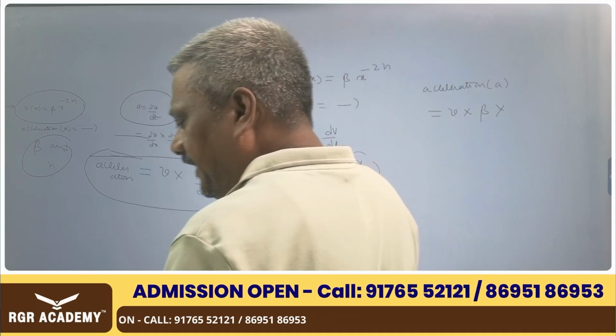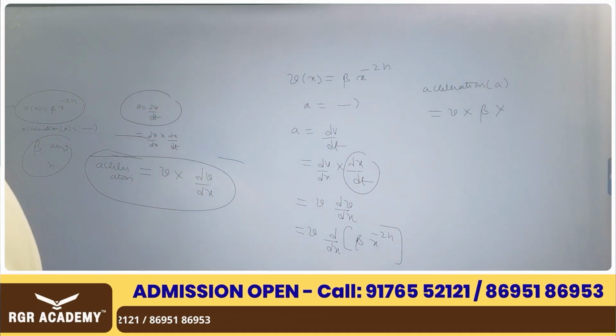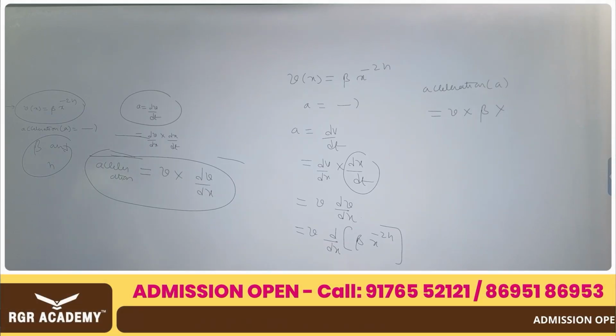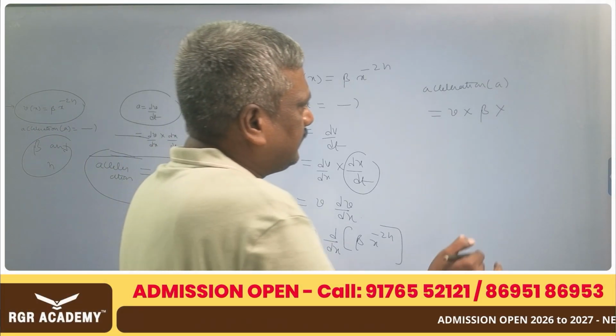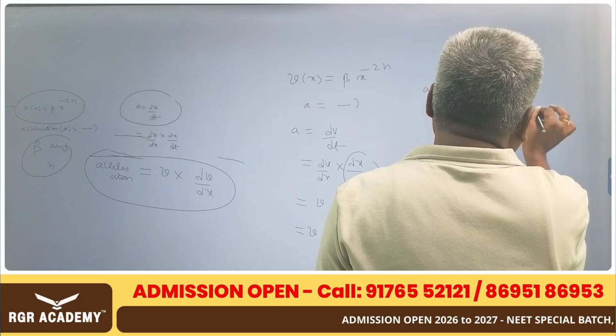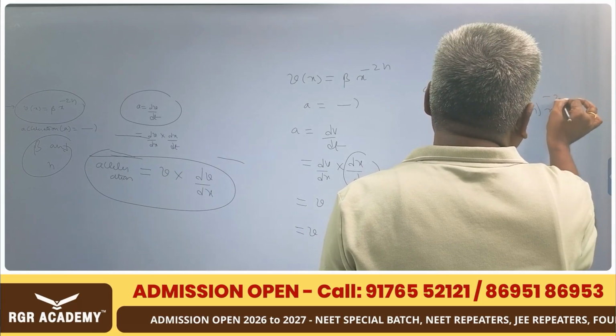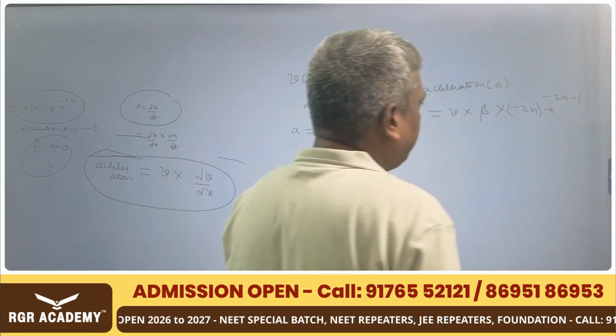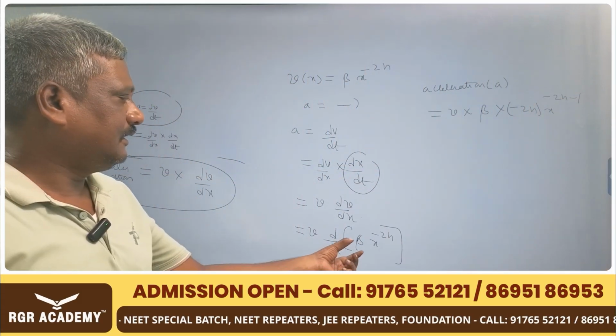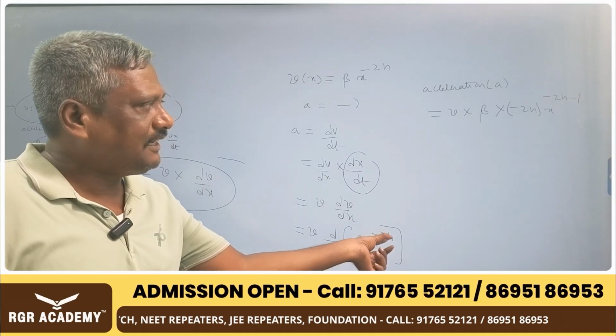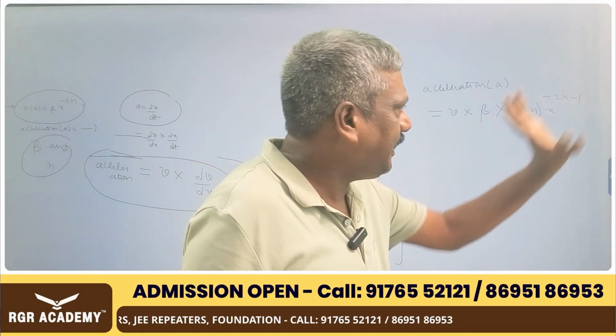Now apply the differential formula. d by dx of x power n is what? That is n into x power n minus 1. So n into x power n minus 1 becomes minus 2n into x power minus 2n minus 1.